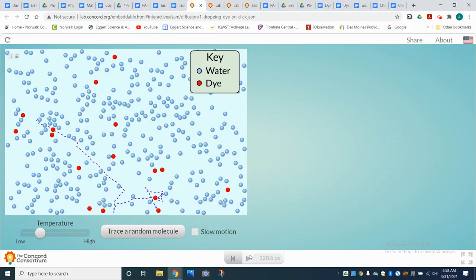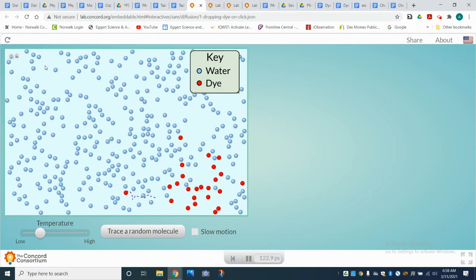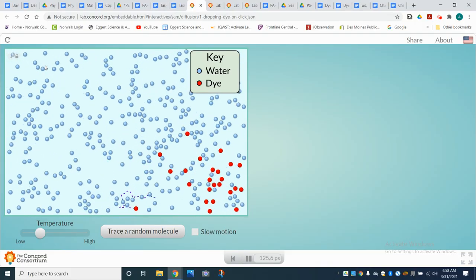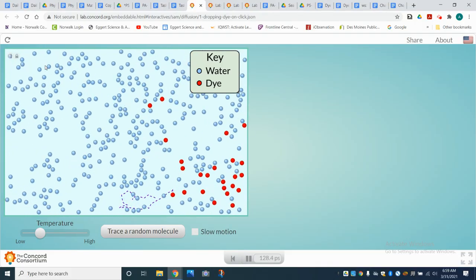On number 5, what two things at least must be occurring for dye to spread out and diffuse through the water? The particles need to be in motion.